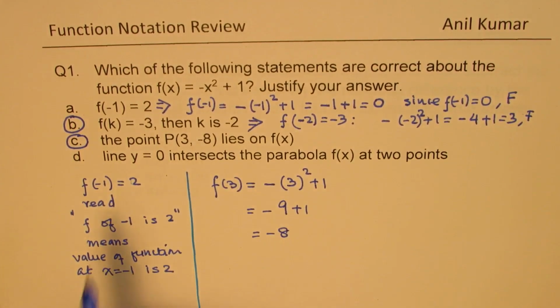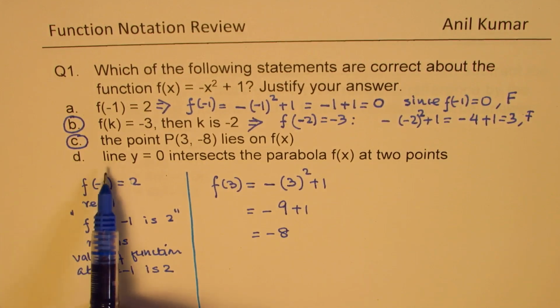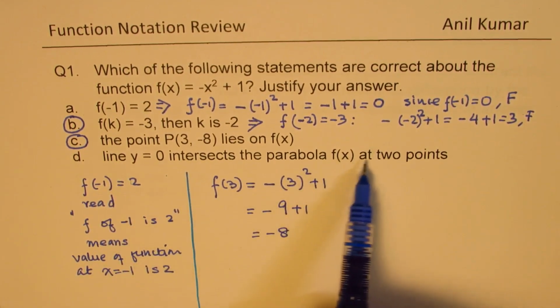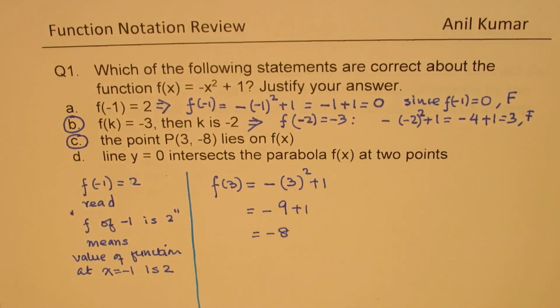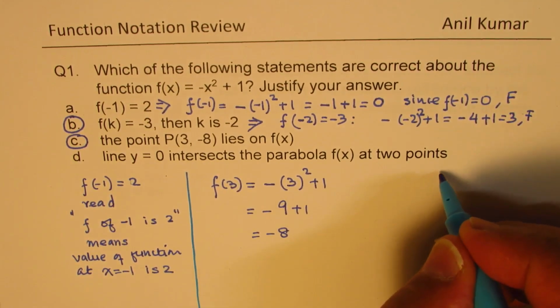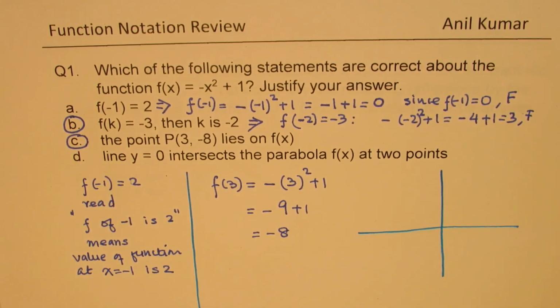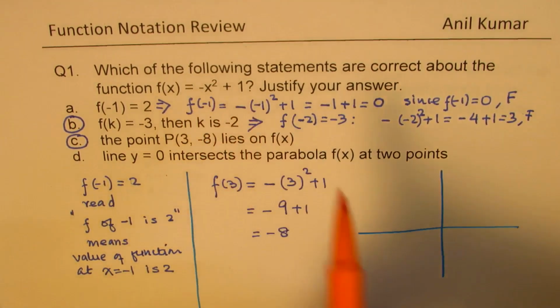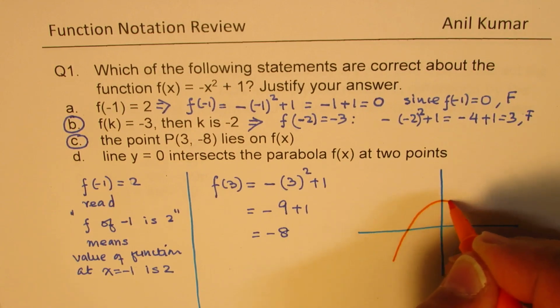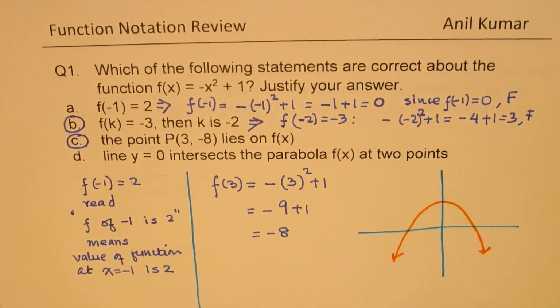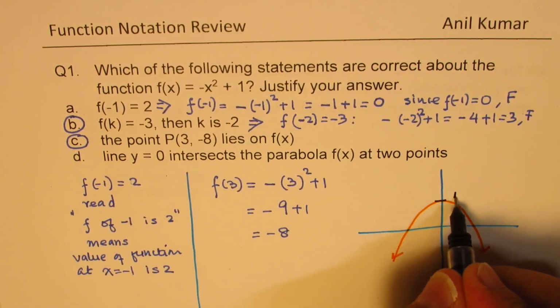Perfect. Part D is: the line y equals 0 intersects the parabola f of x at 2 points. Now, is that true or not? Well, let's try to sketch and then see our solution. Minus x squared plus 1 will be a parabola which will be like this, where this point is plus 1.